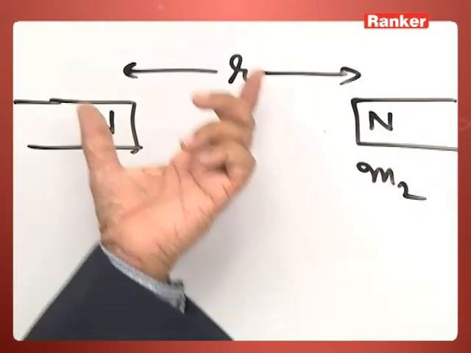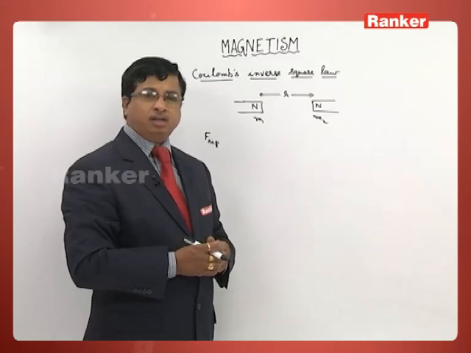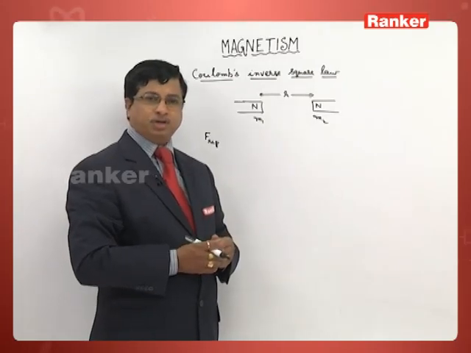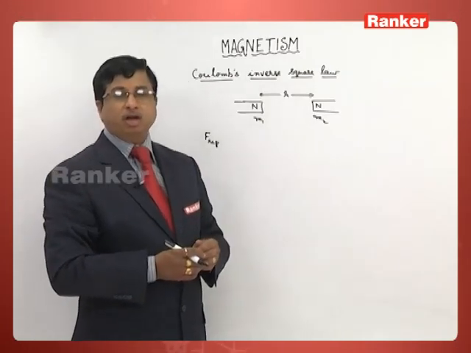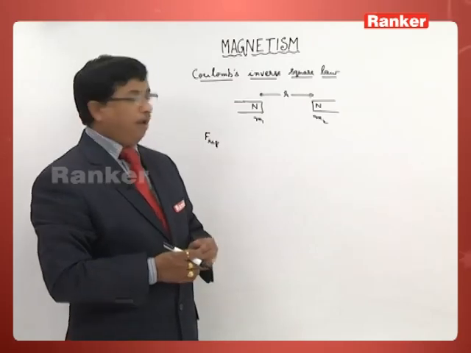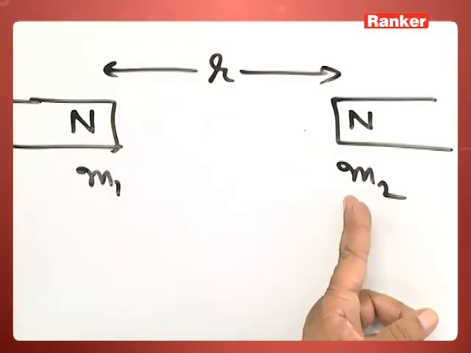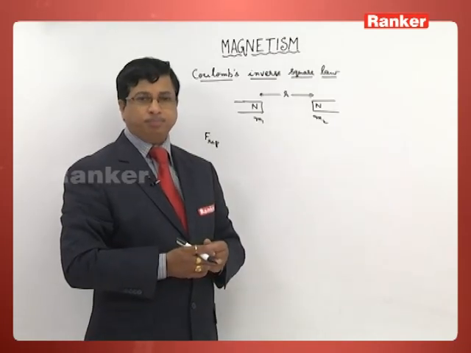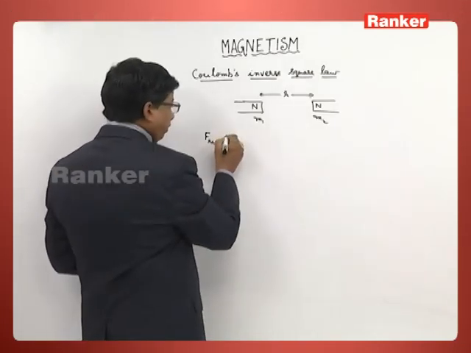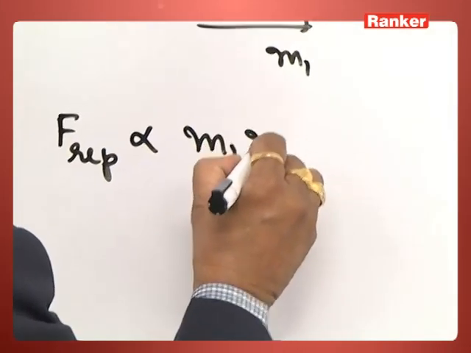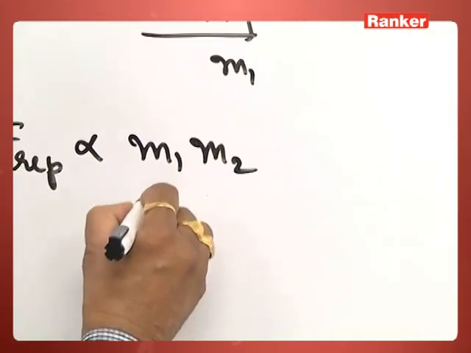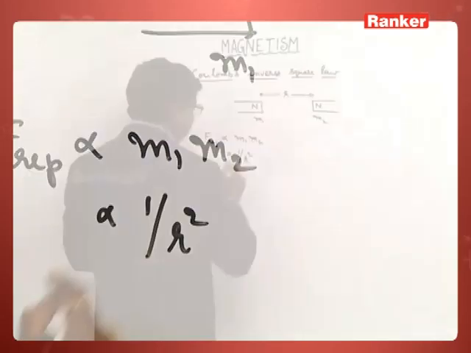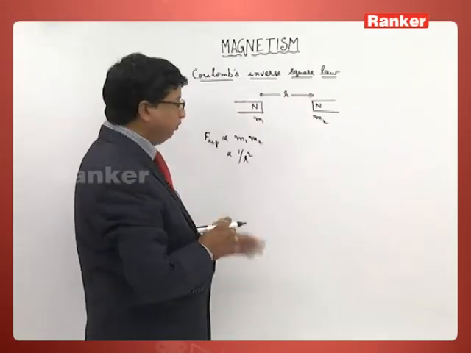So according to Coulomb's inverse square law, the force of attraction or repulsion between two magnetic poles having pole strengths m1 and m2, separated by a distance r between them, is directly proportional to the product of their pole strengths and inversely proportional to the square of the distance between them.